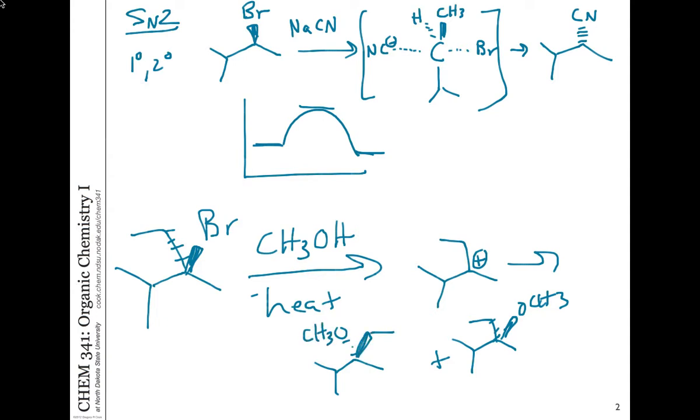Okay. So you wouldn't be able to control that. So you'll get a mixture of enantiomers if you do substitution under SN1 conditions. Okay, SN1.